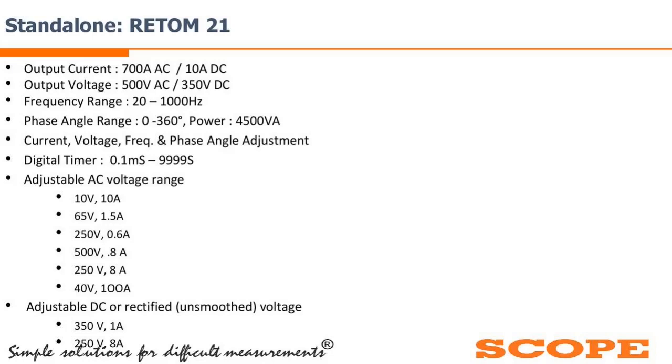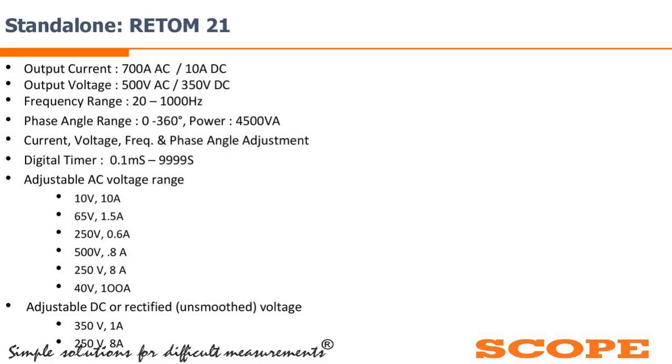Then current, voltage, frequency, phase angle adjustment facility, digital timer, then adjustable AC voltage ranges. Different types of voltage ranges we have provided: 10 volt 10 ampere, 65 volt 1.5 ampere, 250 volt 0.6 ampere, 500 volt 0.8 ampere, similarly 250 volt 8 ampere, 40 volt 100 ampere.